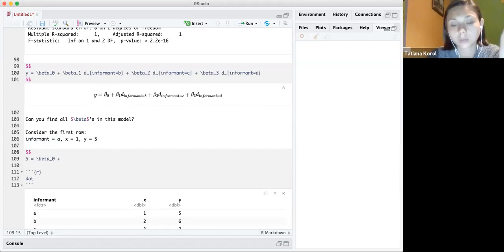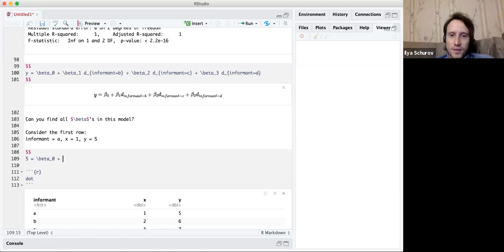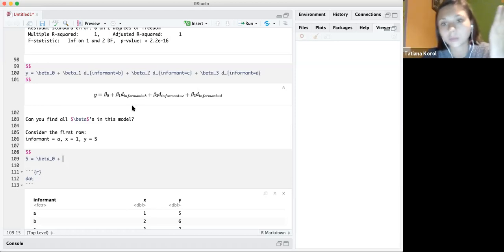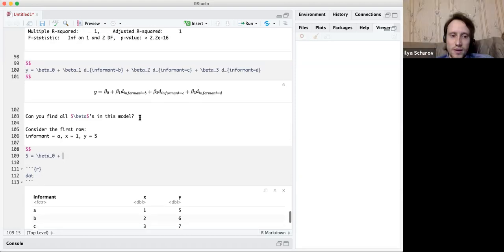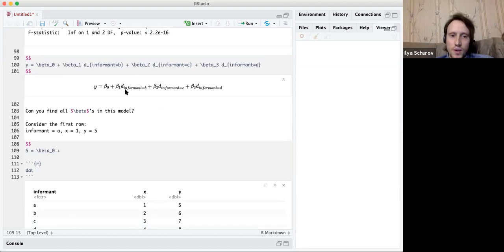One. Sarah, why 1? I think 0, because this is not informant B. Yes, informant A has no dummy variable here, for the condition informant equals A.